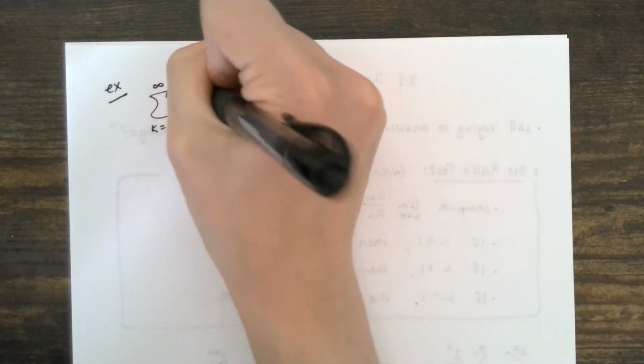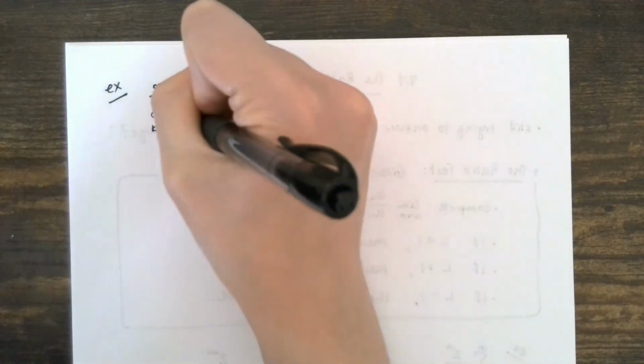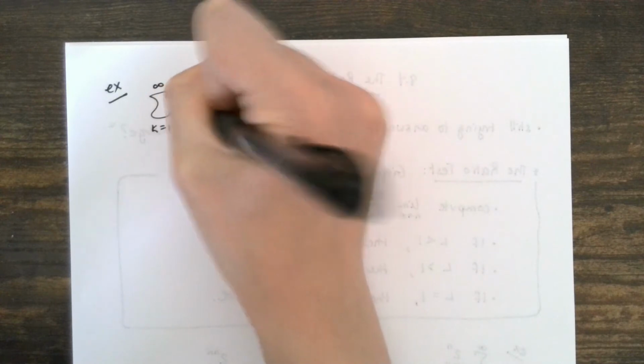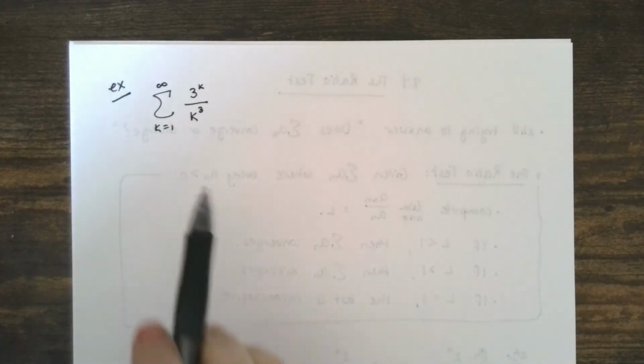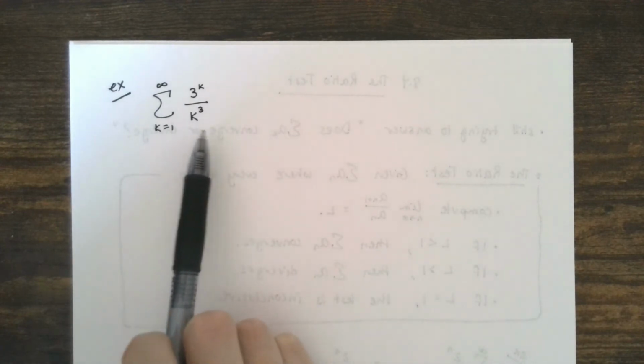And our formula will be 3 to the k power divided by k cubed. So this is one where we still just want to decide converge or diverge, and if you actually have a different perspective on this, you could prove that these terms don't go to 0. So you could use the nth term test to say this diverges, but it's also a really nice candidate for the ratio test.